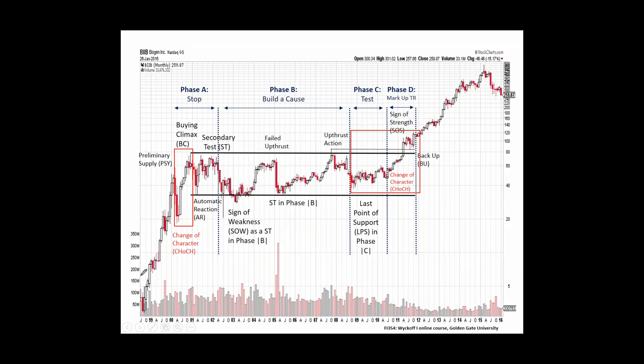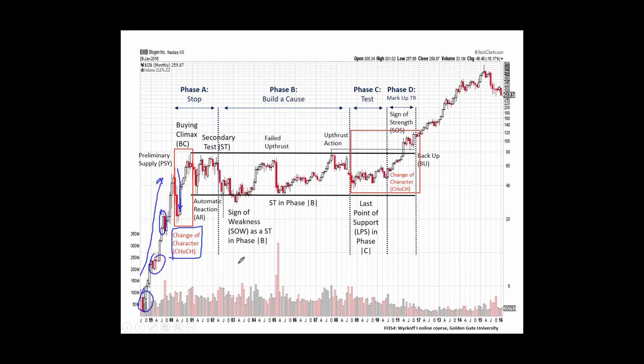In this case, there was a large markup, and towards the end of the large markup there's what we call preliminary supply, where all of a sudden, in a short period of time, you have this large decline that is different from anything that preceded it in the uptrend. That is what we call a change of character.